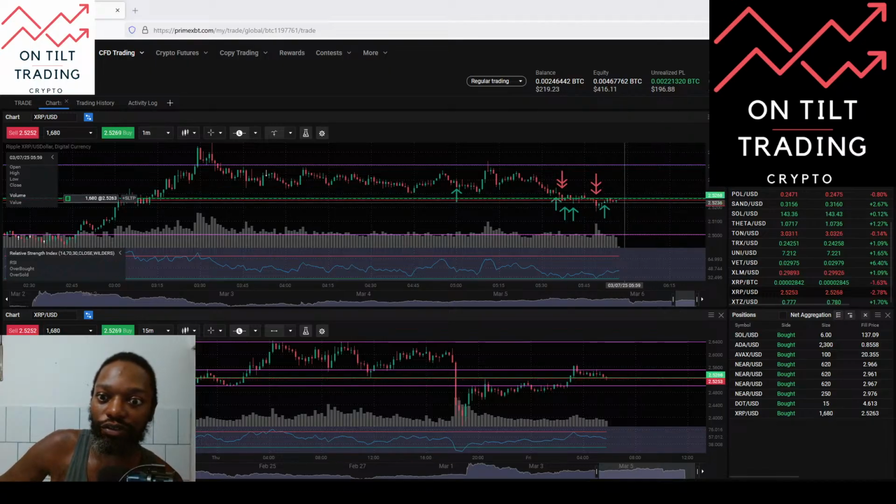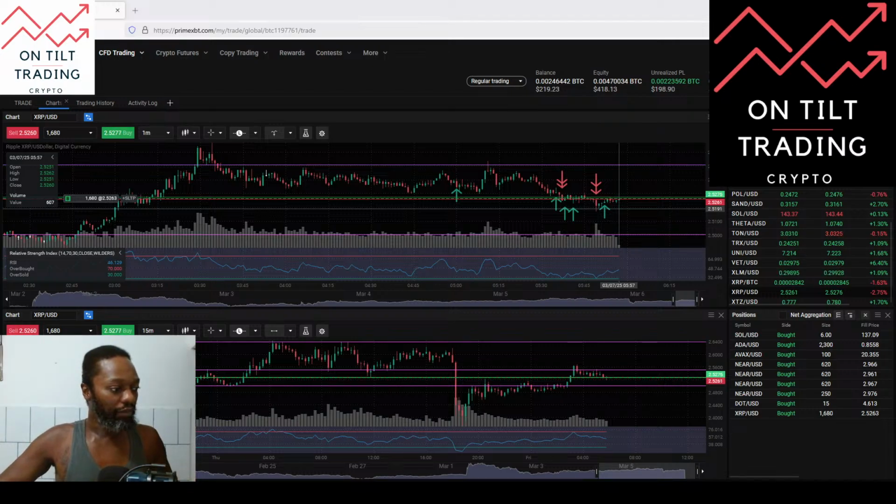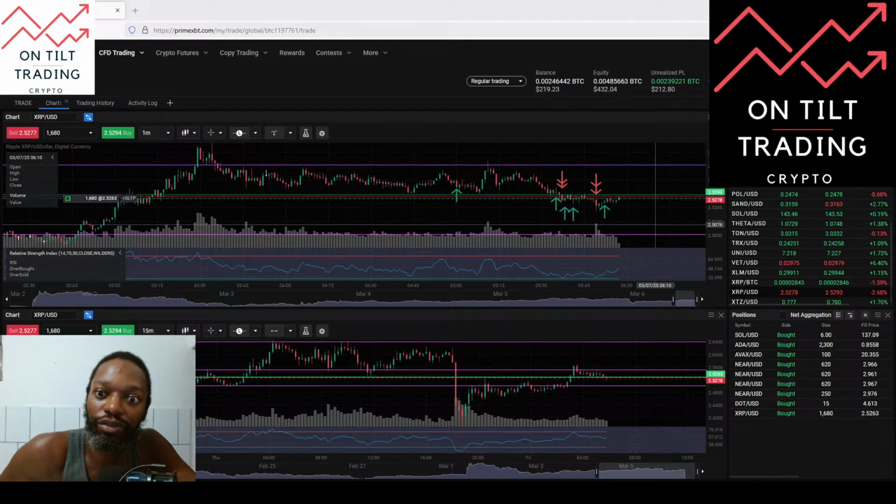But we have an entry point in an area of the Camarilla pivots where I want to take a trade. So I've taken it, and we're starting to buy through my entry price. When I saw this volume come in, I mentioned it.